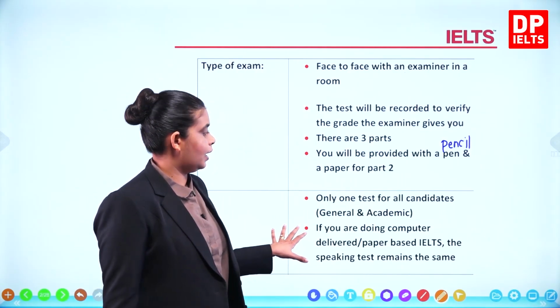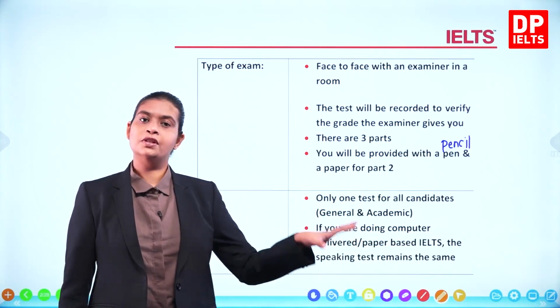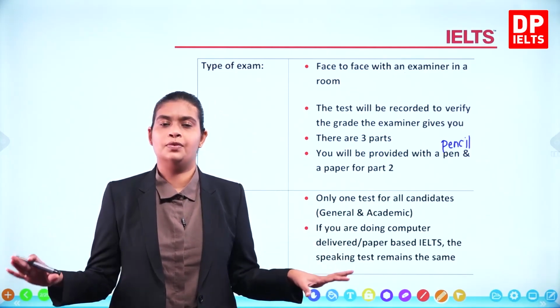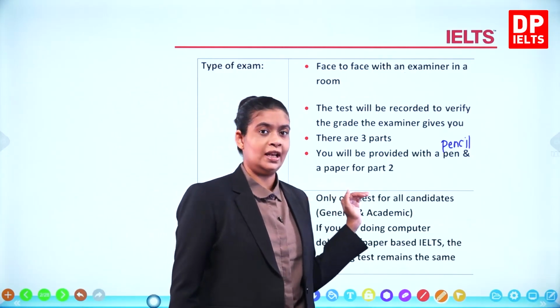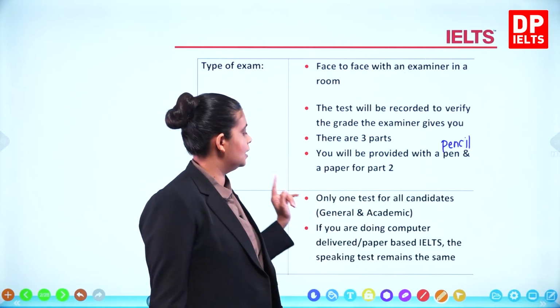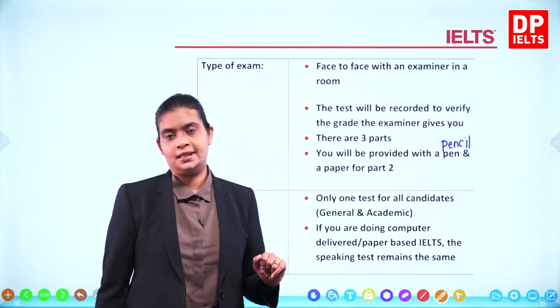Now, I know when you are doing reading and writing, general students have a separate paper as well as the academic students then have a separate paper. However, when it comes to your listening, as I told you, and speaking, right, you will have one test for all candidates.